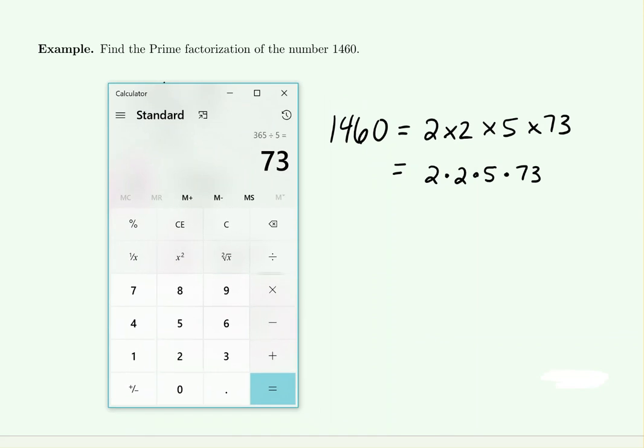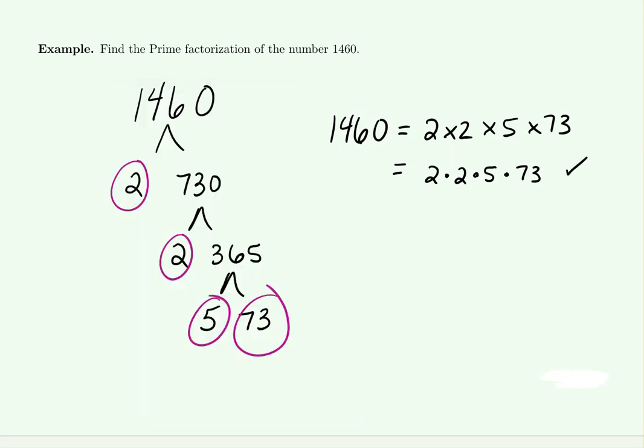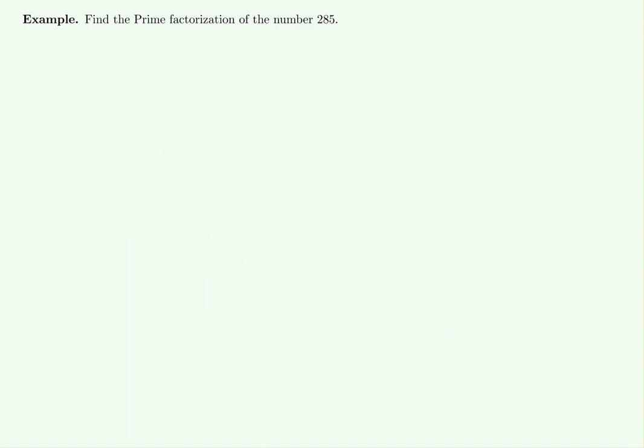You would just multiply what you wrote down together. And indeed, that is 1460. So we know that is the unique prime factorization for this number. And I recommend that you write your prime factorization in order from least primes up to greatest primes, just for a nice orderly description.